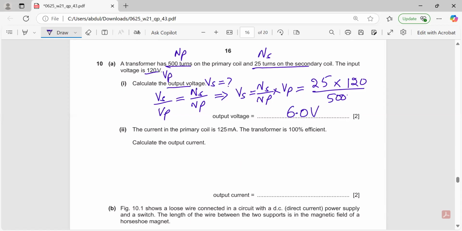The current in the primary is 150 milliampere. So that is Ip. The transformer is 100% efficient. Output current we need to calculate, Is. When the transformer is 100% efficient, meaning there is no energy loss in the transformer, then input power is equal to output power.